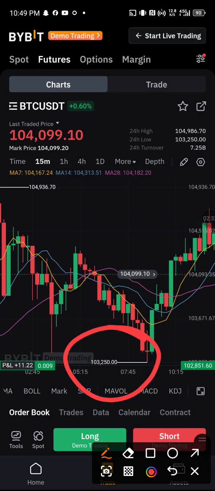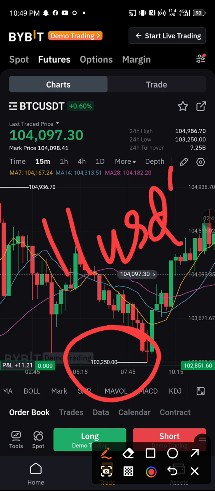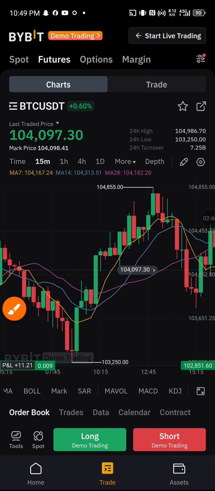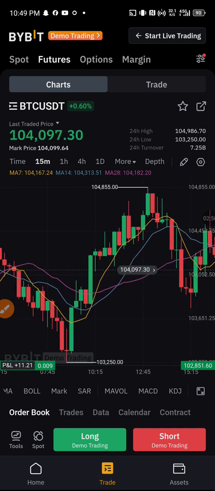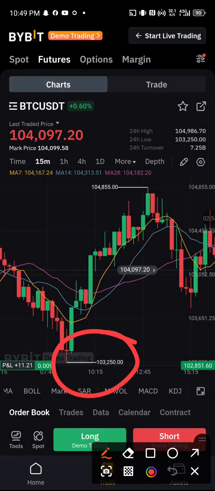So I viewed those candles locally, and I was able to make a few USDT in profit. You can see it here. I sold that one, and I come to this place again to join.